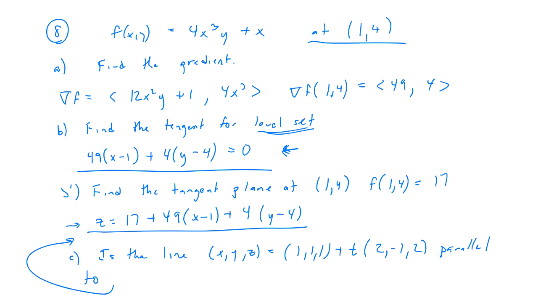If you're asked to find a tangent something just at a point, then you have to use the method from B prime. So the level set part is what makes you use the formula in part B.